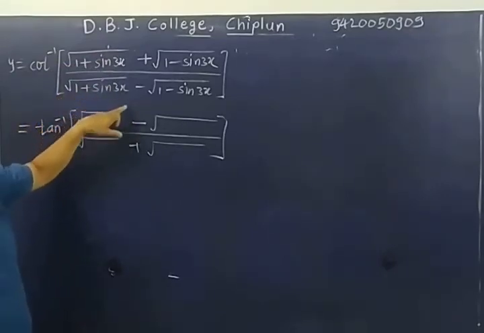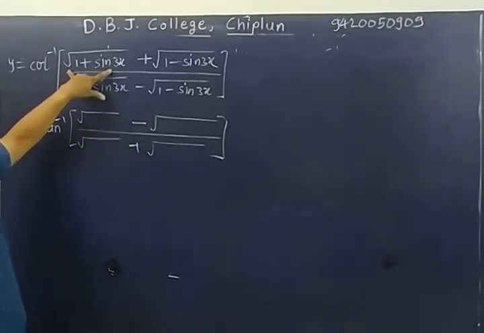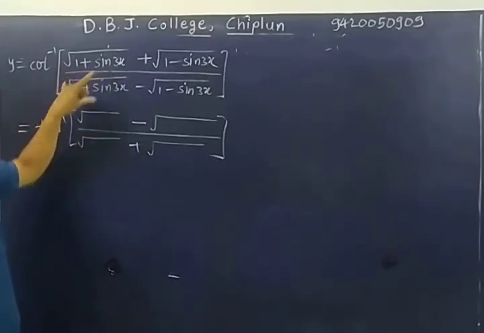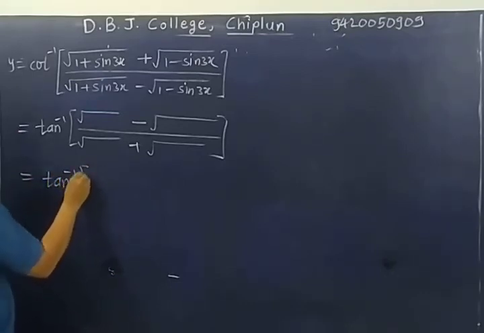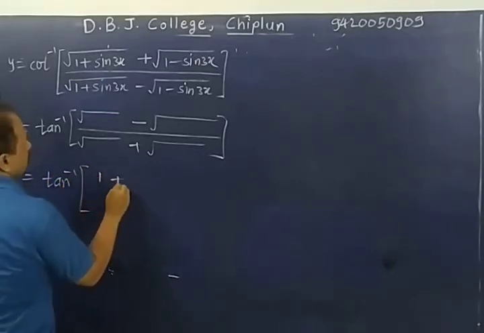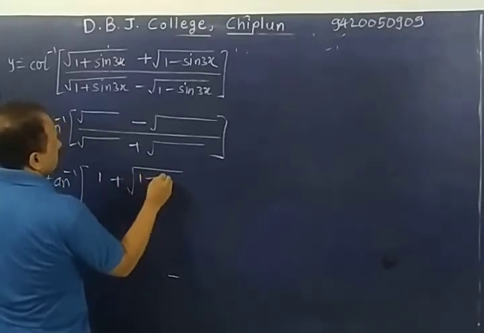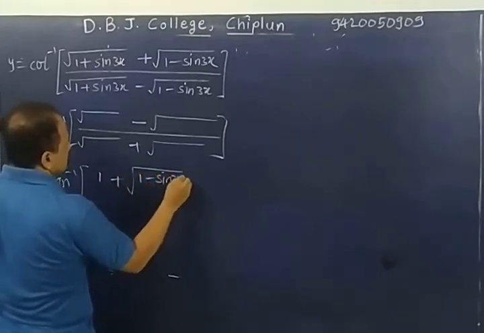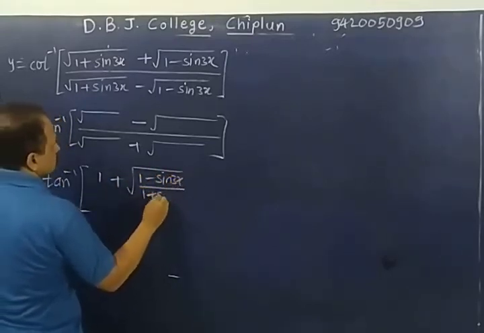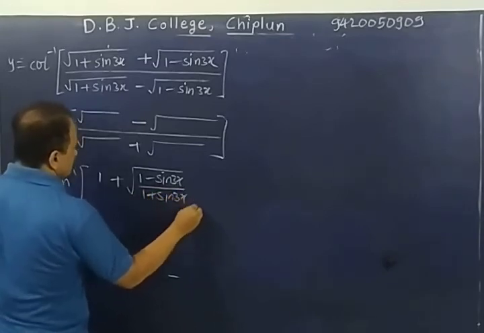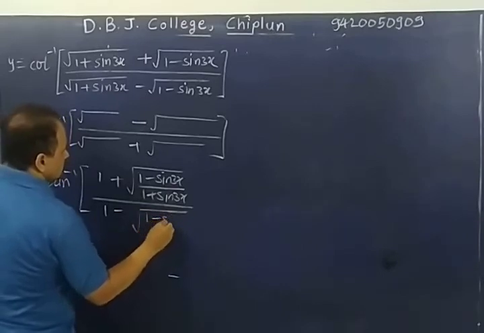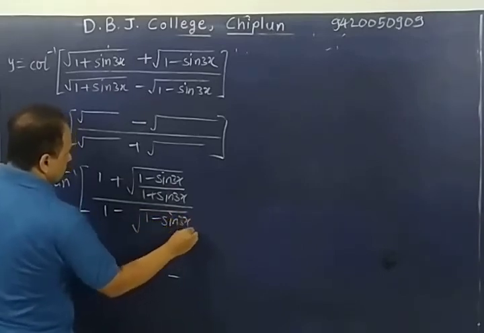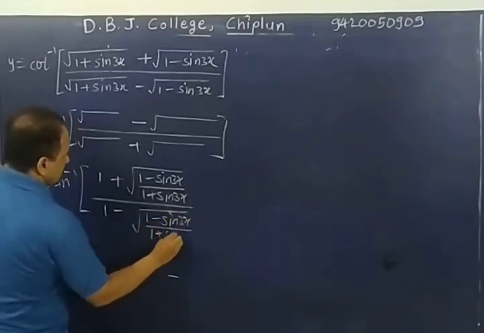Now divide numerator and denominator both by this under root thing. Equal to tan inverse of bracket 1 plus under root of 1 minus sin 3x upon 1 plus sin 3x, divided by 1 minus under root of 1 minus sin 3x upon 1 plus sin 3x.